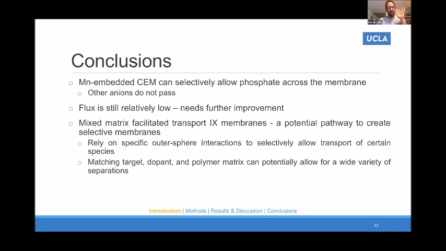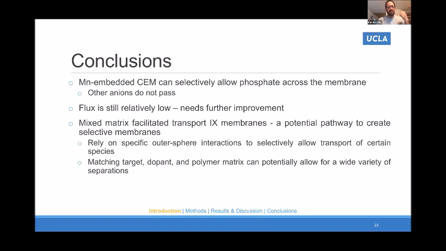And maybe to me, one of the most important things is that these mixed matrix facilitated transport ion exchange membranes may be an interesting pathway to create very highly selective membranes. We used phosphate because we're interested in wastewater, but maybe we can apply this kind of method to other potentially more valuable ions, including things like lithium or any other valuable compounds out there.